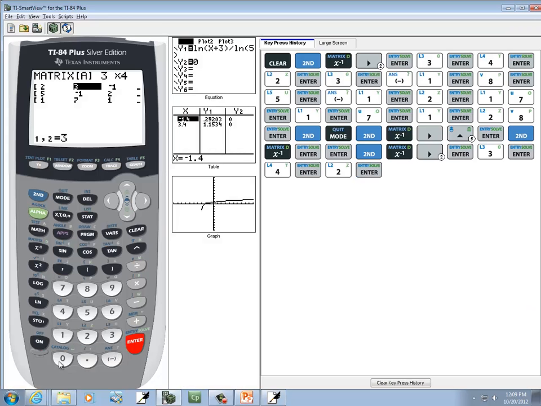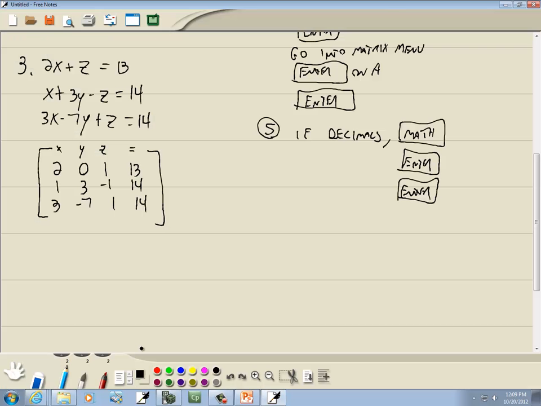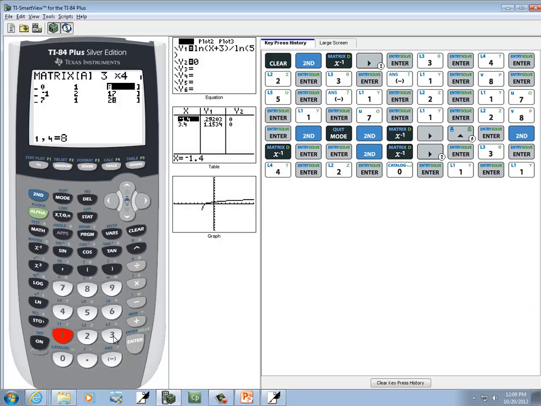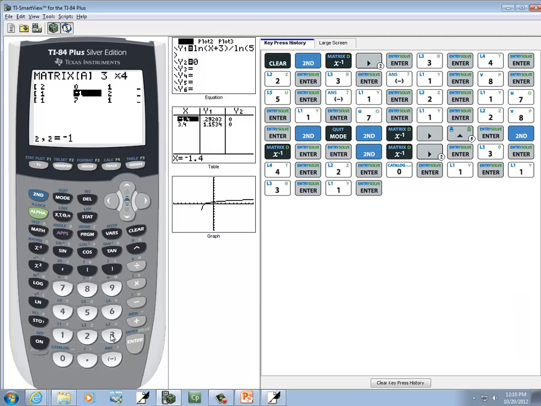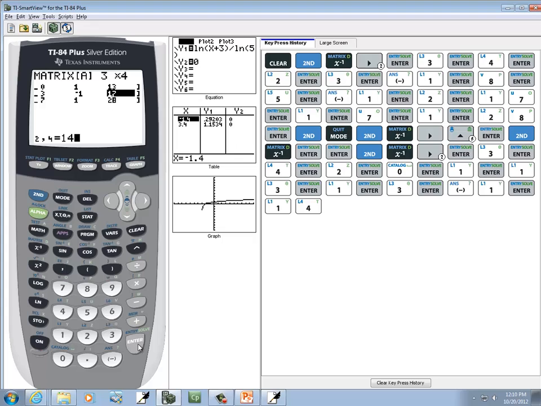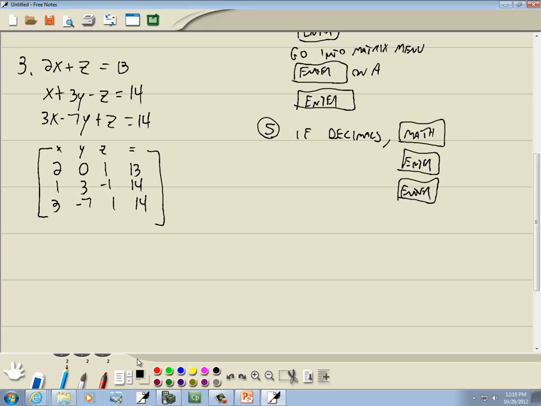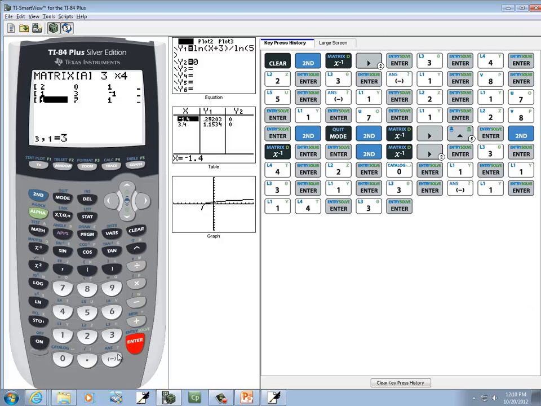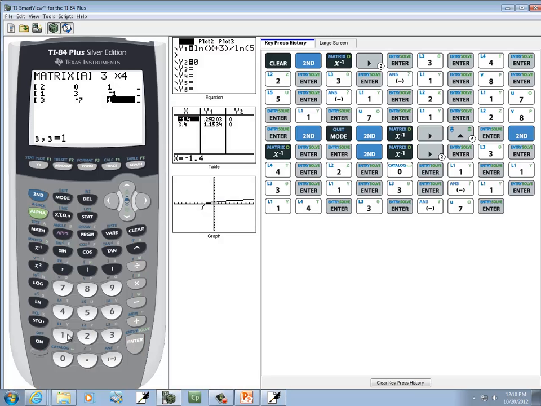And we got 2 enter, 0 enter, 1 enter, 13 enter, 1 enter, 3 enter, negative 1 enter, and 14 enter. Last row. 3 enter, negative 7 enter, 1 enter, and 14 enter.